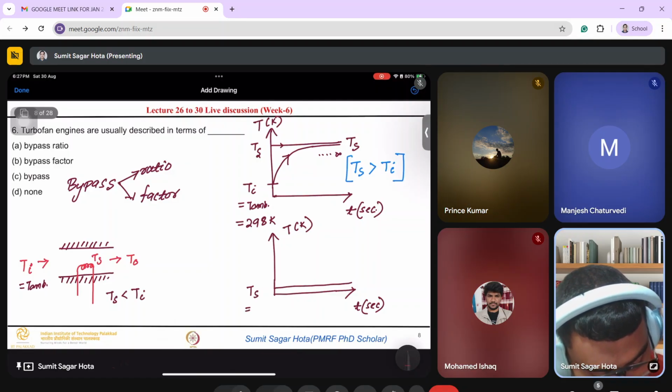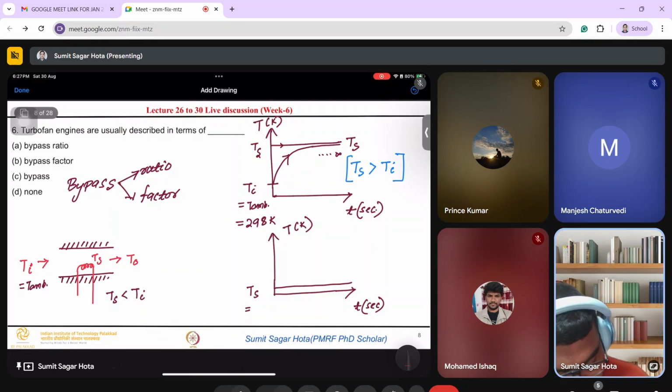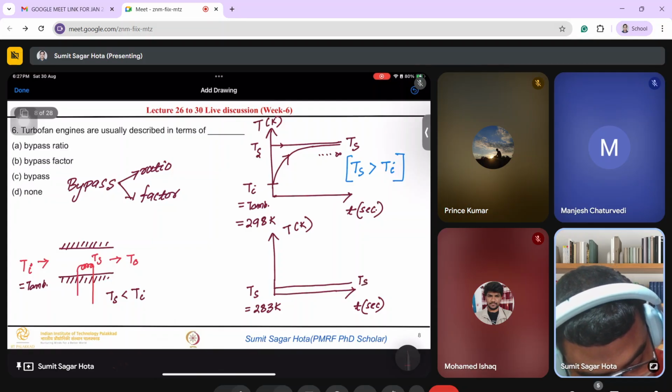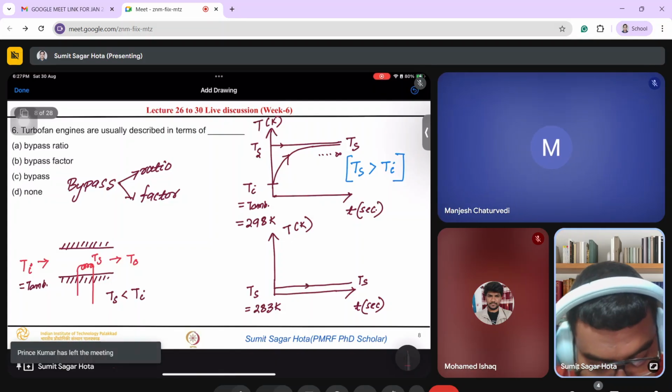Let it be 20 degrees Celsius, or it will be 20 plus 273, or let it be 10 degrees Celsius. So 10 degrees Celsius means 283 Kelvin. So Ts is maintained at 283 Kelvin, and it is going to maintain that until the end of the time. That's what we are assuming.